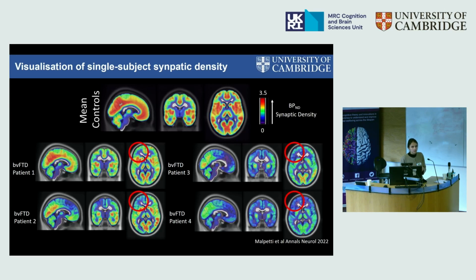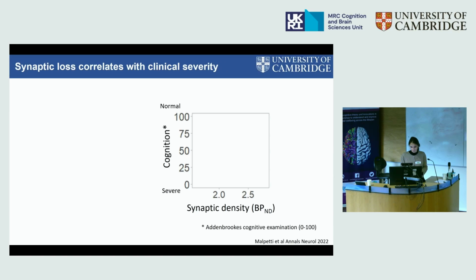The blue regions are those where the patient lost their synapses. And across all patients, because of this particular syndrome and pathology, we found a common synaptic loss in the left frontal region.